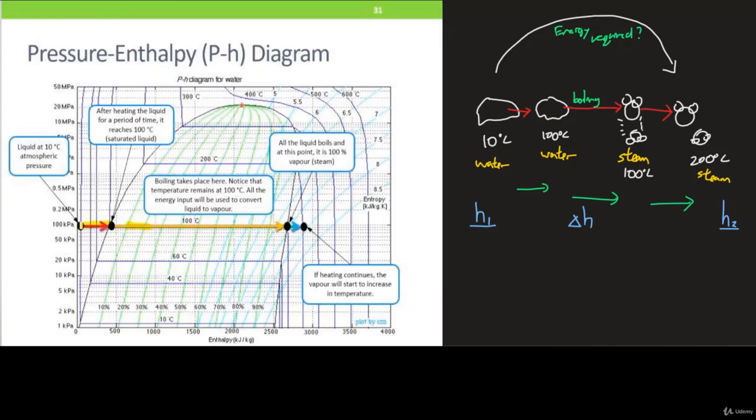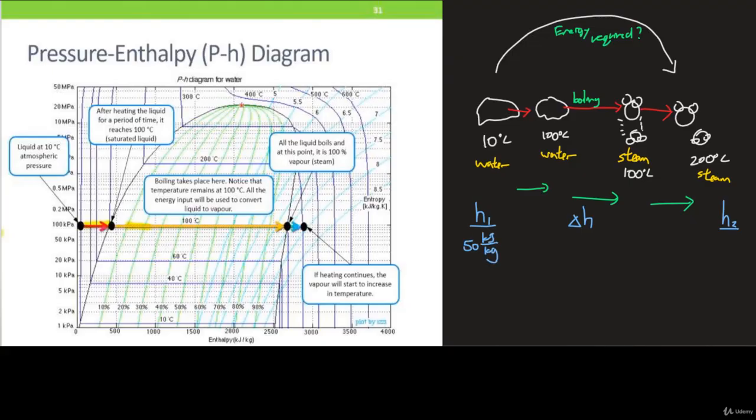So what is the value of H1? If you look at the pH diagram, at this first dot, you draw a line downwards, you will notice that the enthalpy is very low. You cannot really give a very accurate number, but it's around 50 kilojoules per kg.